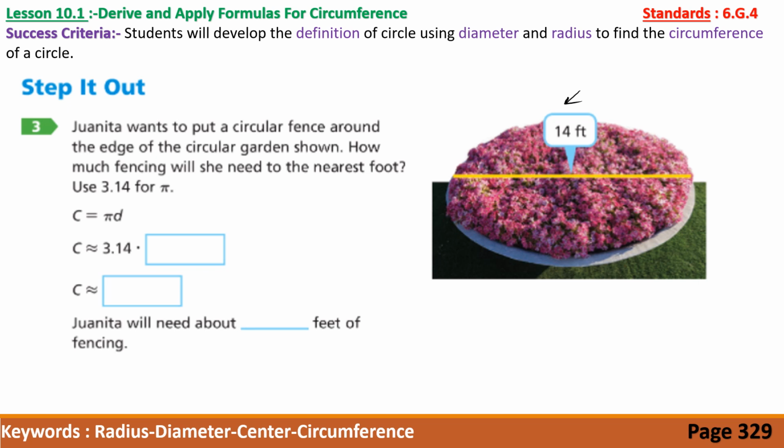That is 40. So we will write C equals pi d. The value of pi is 3.14, and d is 40. So what we have to do? We have to multiply 3.14 with 40. Let's see, first of all, you will multiply the 4 with the 4.